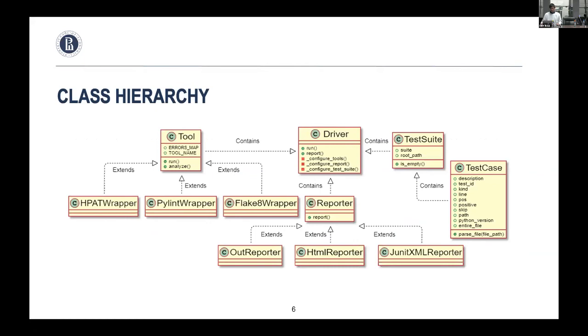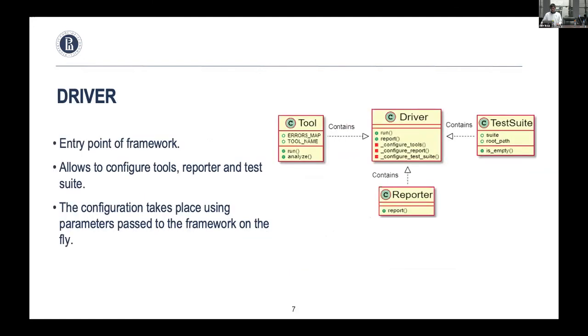Let's have a look at the class hierarchy of the acceptance testing framework. It mainly consists of four components: tool, driver, test suite, and reporter. Let's take a look at each component, starting with driver.